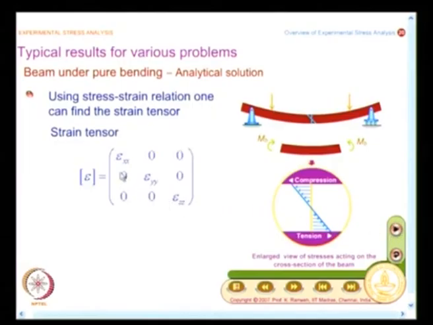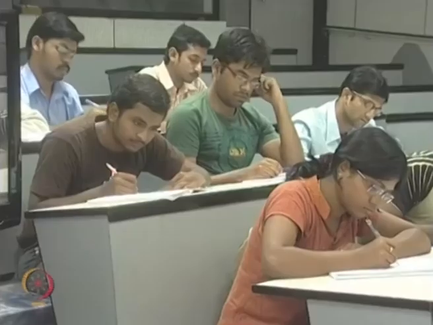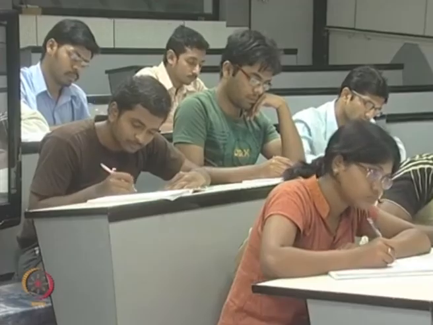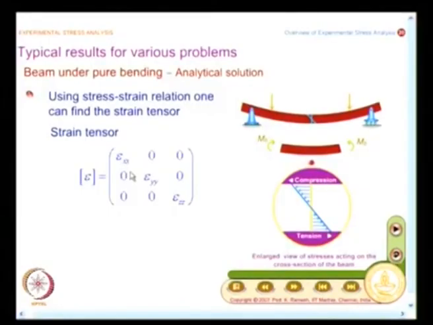The strain tensor is no longer uniaxial, but triaxial. Can you say what is the value of epsilon xx, epsilon yy and epsilon zz? For epsilon xx there is no problem. You would be able to directly write it from your understanding of even a simple tension test.